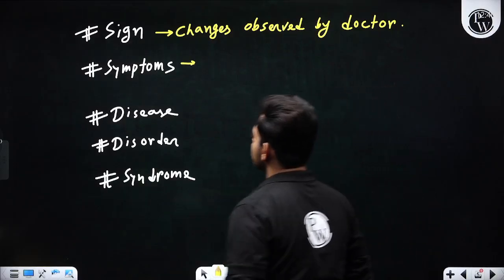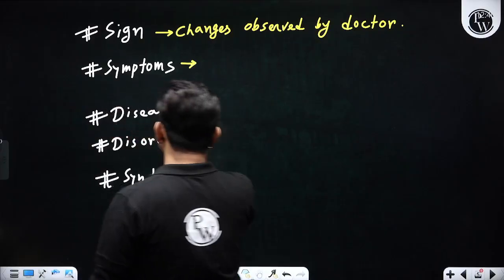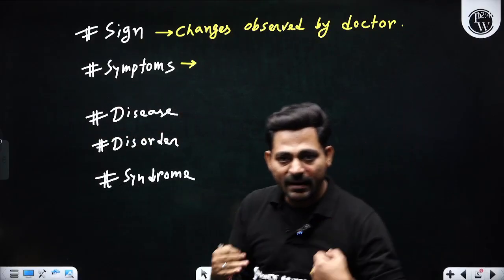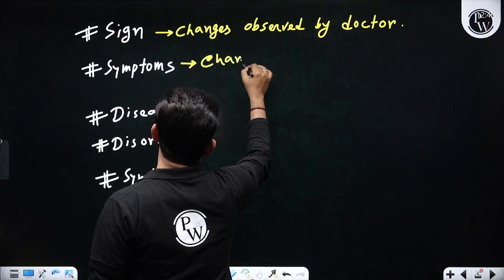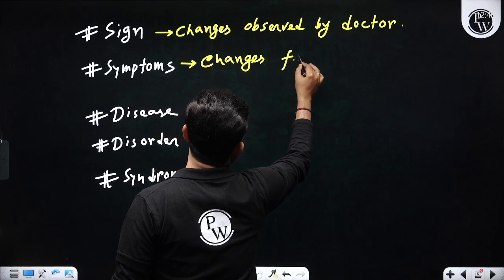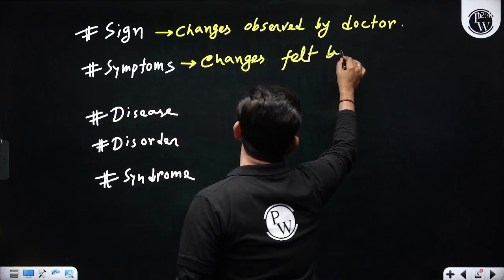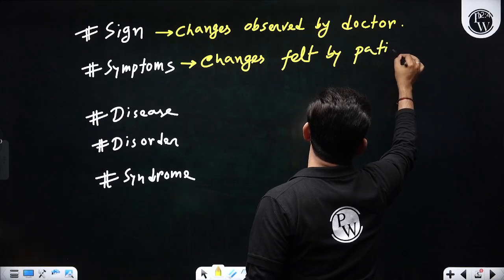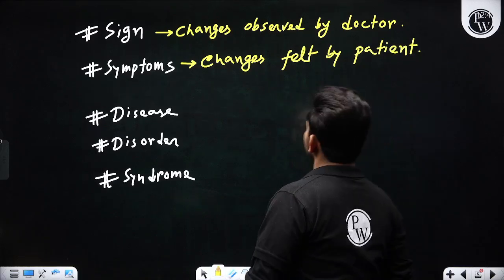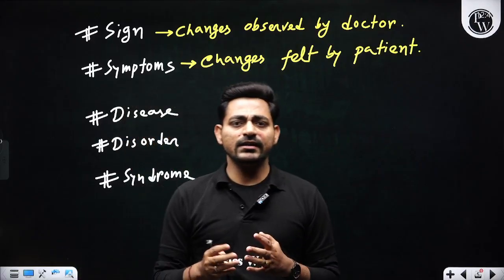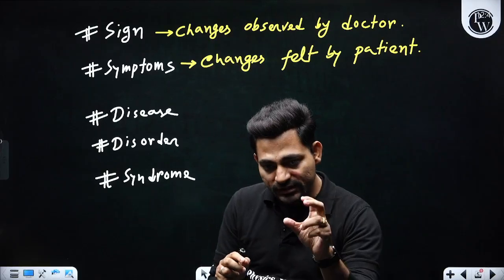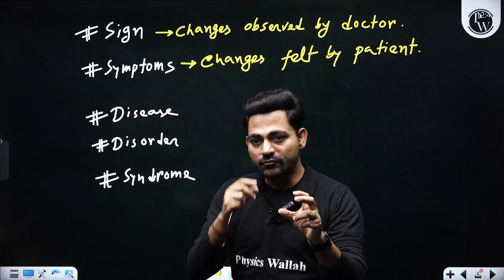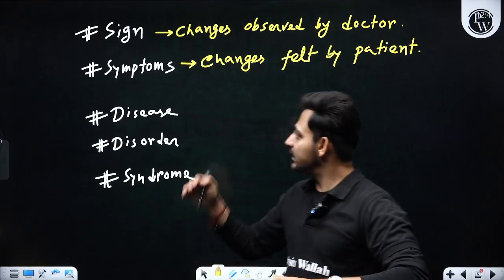And symptom means changes felt by the patient. So that is the difference. Basically, this is the angle of view. What the doctor is observing is a sign, and what the patient is feeling is symptoms.